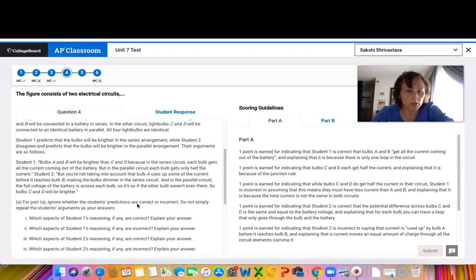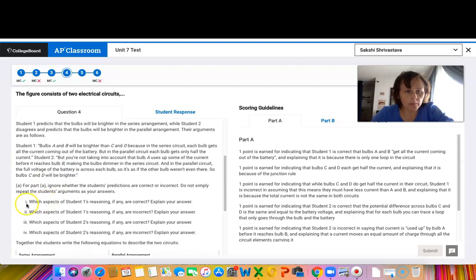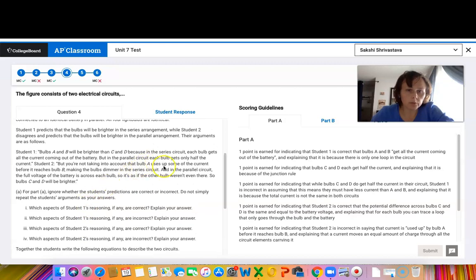And in part A, 1, you have to answer which aspects of student 1's reasoning, if any, are correct. Explain your answer. So you have to agree with the student that each bulb gets all the current coming out of the battery because it's a series circuit.